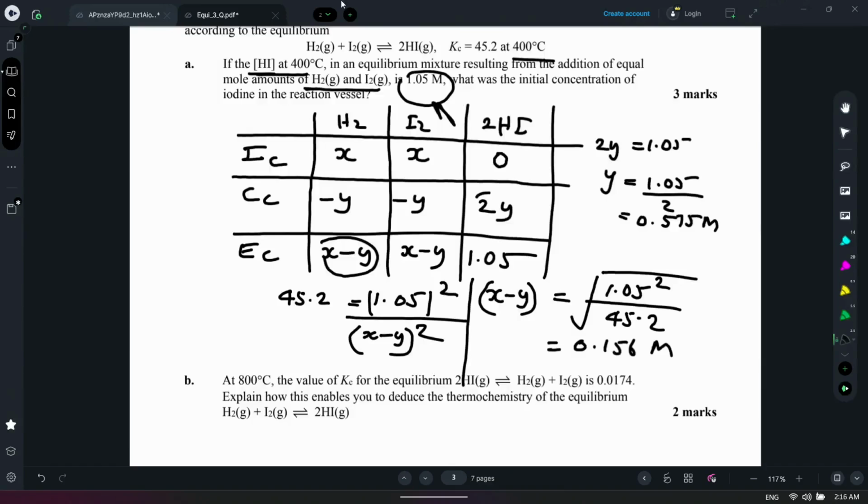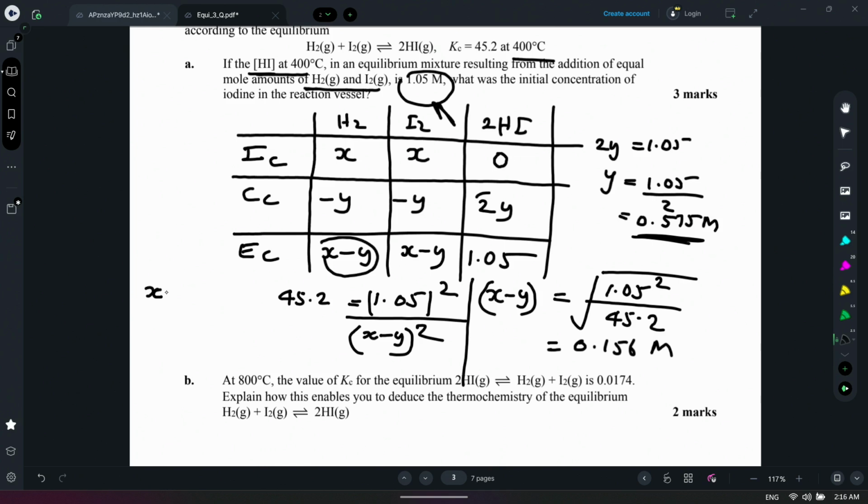Now we already know what y is, and now you know x minus y. So you can find out x, which is the initial concentration.